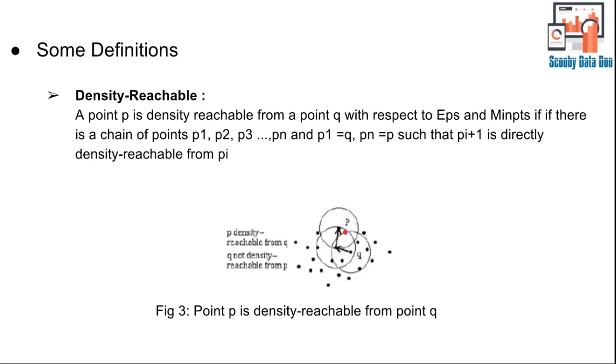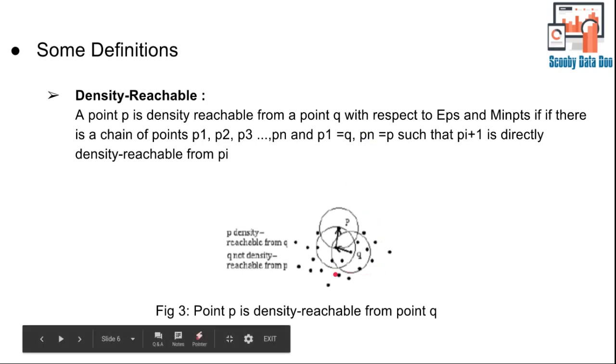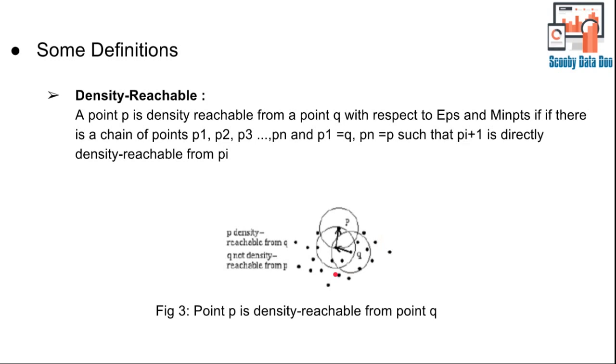So the last point here, Pn, is not a core point, but except Pn, all the previous points which are consecutively directly density reachable from each other are core points, all of them.